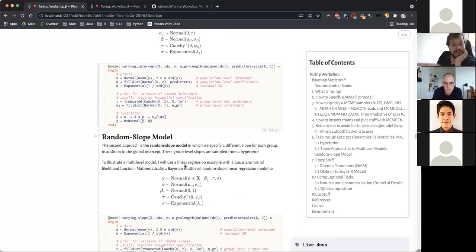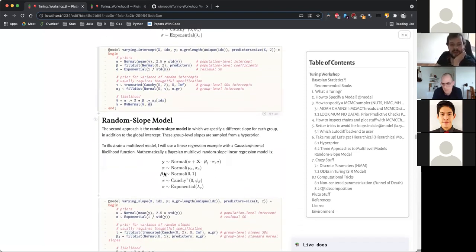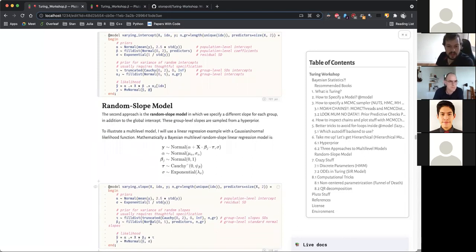The random slope is similar, but instead of having alpha j's, I have beta j's. Now I have a matrix of coefficients. The matrix has the same number of rows as predictors, and the number of columns is the number of groups.